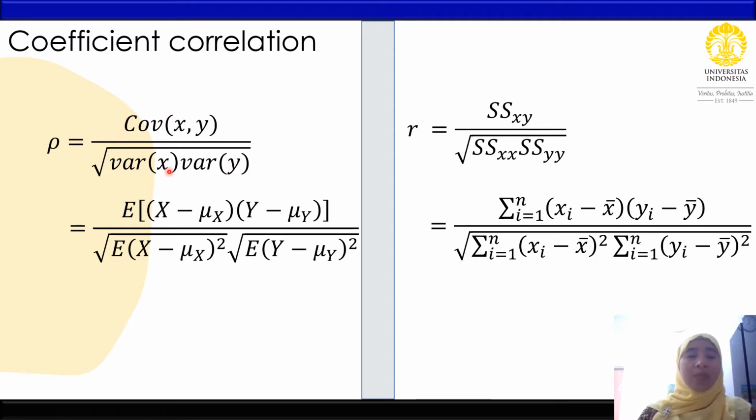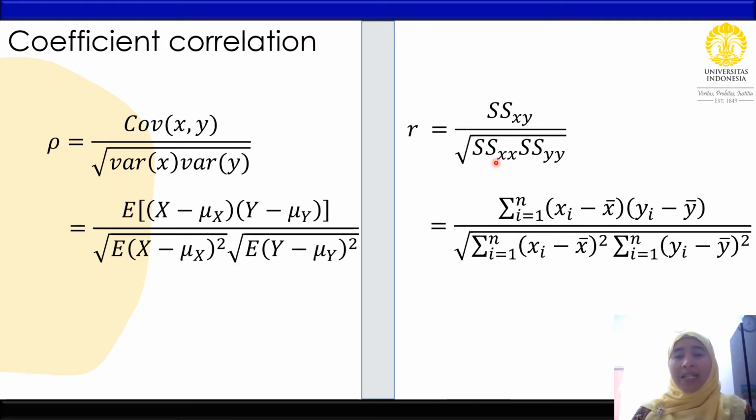And then this formula is put in more detail in the second line. That is the expected value of x minus its mean and y minus its mean, and then the standard deviation for each x and y.